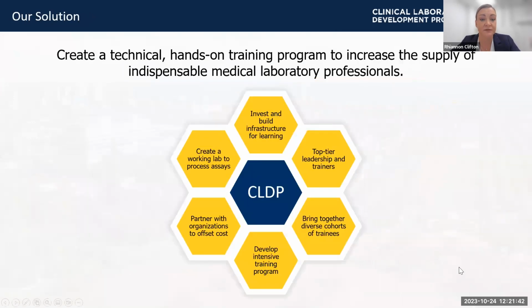Next slide. So our solution was to create a technical hands-on training program to increase that supply of indispensable laboratory professionals with a very keen eye on diversity throughout the program. So I will explain each of these in a little more detail as we go through the rest of the slides. Next.